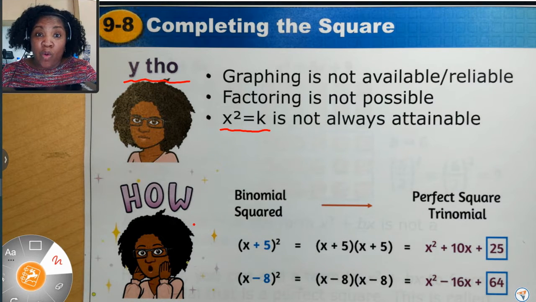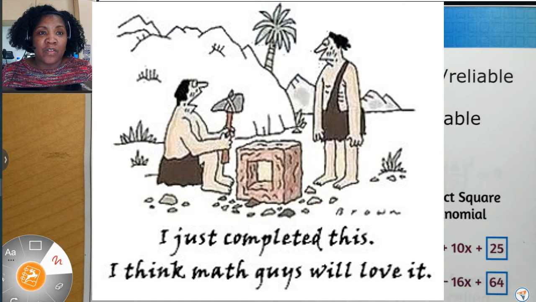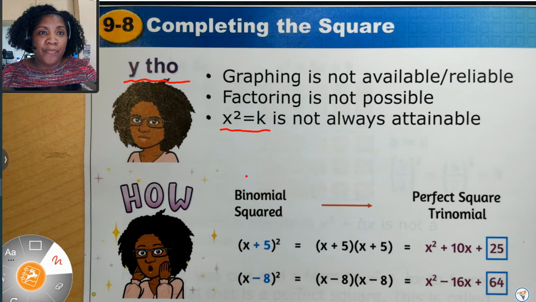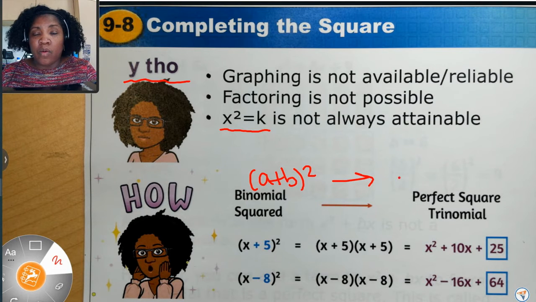Well, how, you ask? The premise behind solving by completing the square uses one thing that we learned from Algebra 1, and that's this notion that if we take a binomial and we square it, what we end up with is what's called a perfect square trinomial, and that's a squared plus 2ab plus b squared.